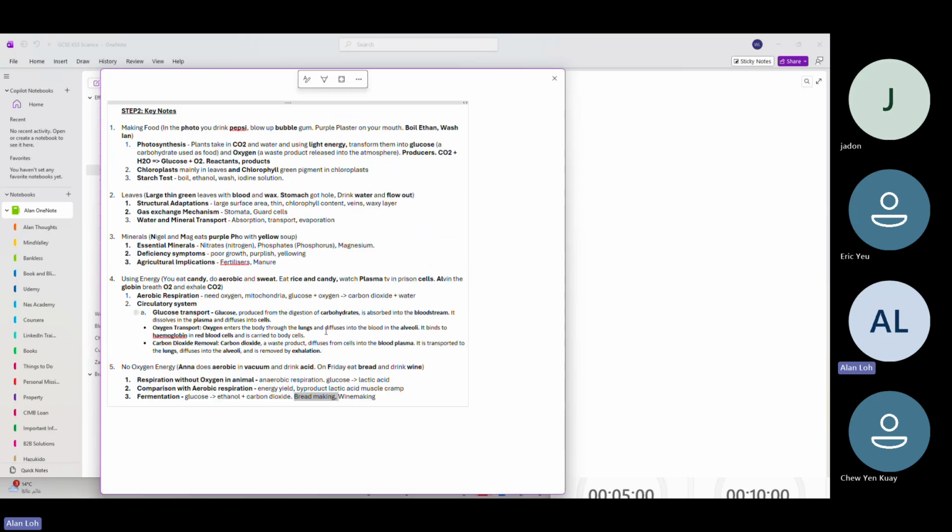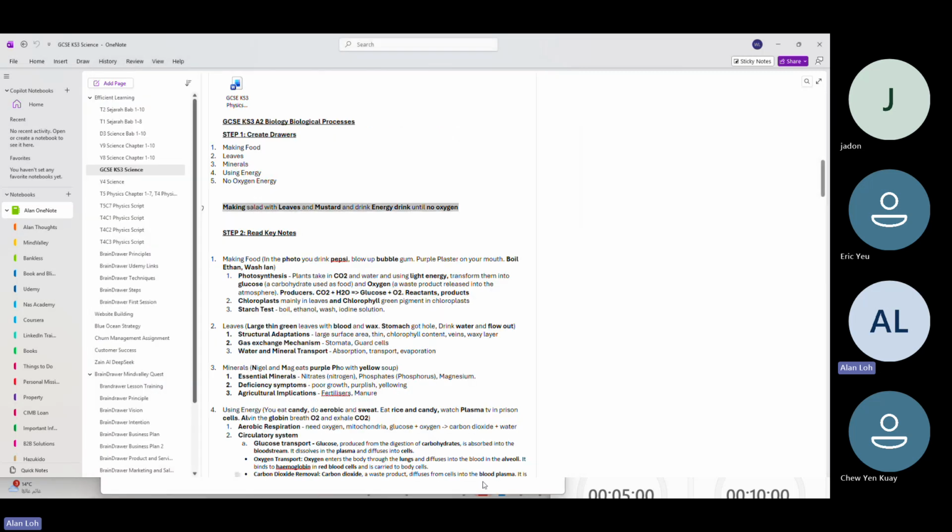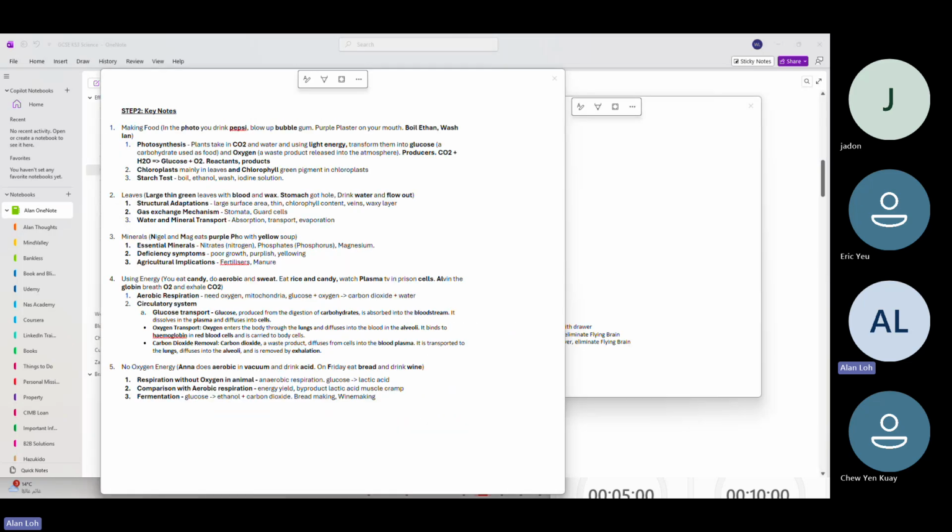So by now you have a little bit more idea about each drawer, I hope. And we are going to go to the next step. What is the next step? Step number 3.